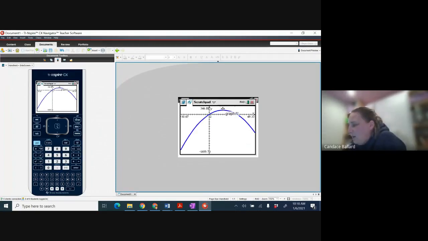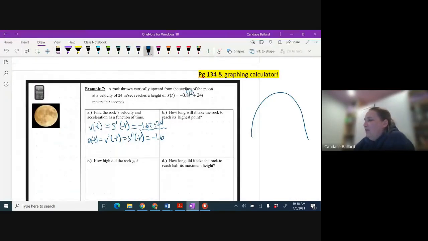The highest point has to be up here at the top of that maximum. I could use my calculator to figure out what that is, but we have to prove it with our calculus skills. That top point is where the slope is equal to 0. So I want to set my velocity equal to 0 and solve it.